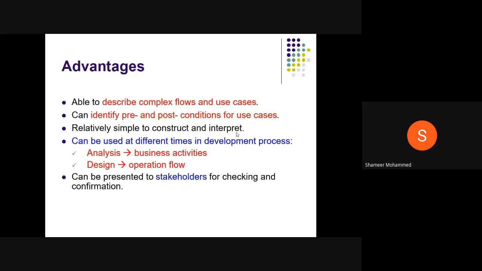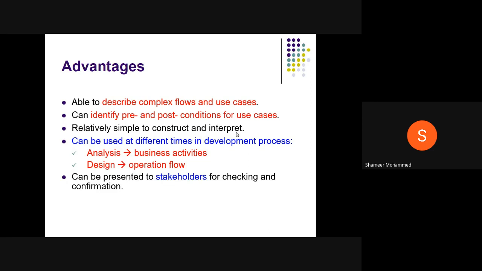And also, one more advantage is that this diagram can be presented to the stakeholder. Who is a stakeholder? A stakeholder is nothing but a person who is willingly taking part. He is showing interest in designing your information system. Maybe a customer, maybe an end user who is going to use your information system.